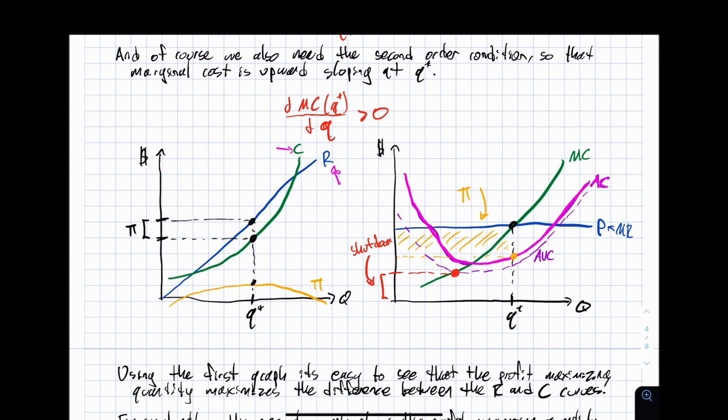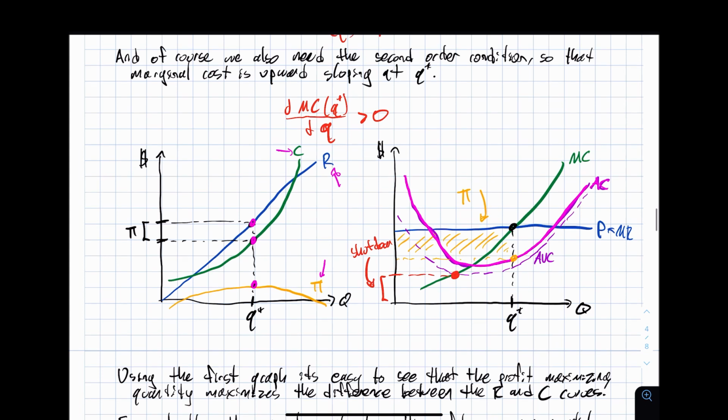And the difference between these two is the profit. So at the point where profit is maximized, the difference between cost and revenue is maximized. So this vertical distance here is the profit. You could also see it as the vertical distance here. Either way is equivalent.